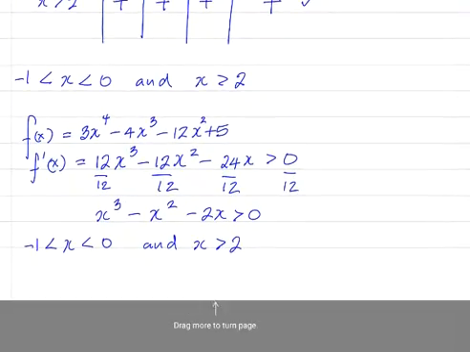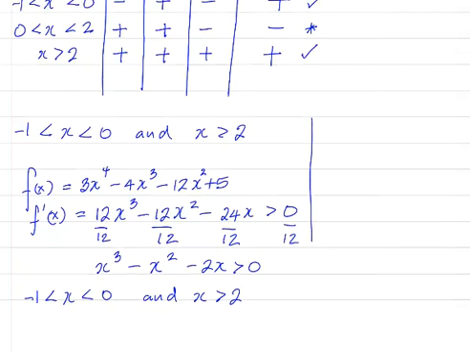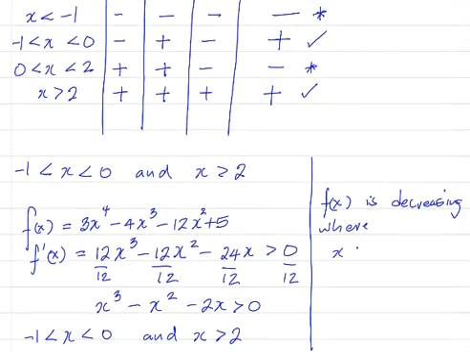So I could then say that f of x is decreasing where x is less than minus 1 and x is less than 2 but greater than 0.